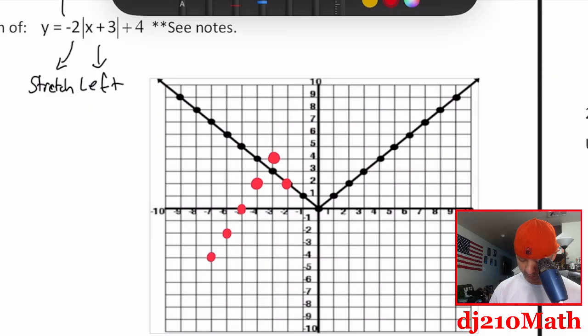So notice down 2 over 1, down 2 over 1 the other direction. And then connect the dots.